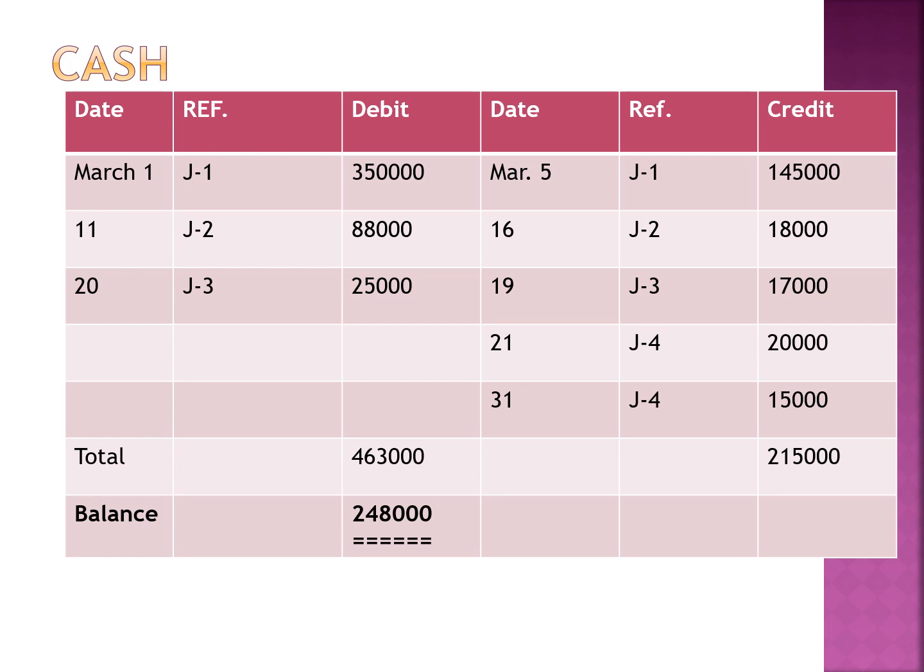To get the balance, we deduct total credits from total debits: 463,000 minus 215,000 is equal to 248,000 debit balance. You may place a double rule, which means this is the final balance of our cash.